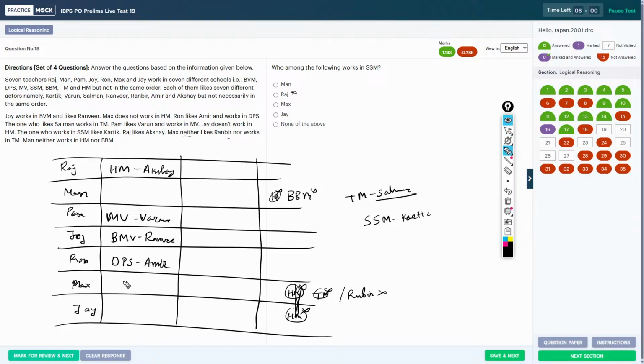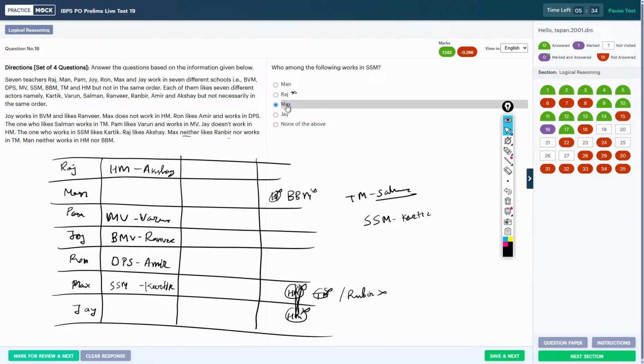SSM or TM. So Max, not TM. He is not Ranveer also. So not TM, not Ranveer means he is Karthik and SSM.